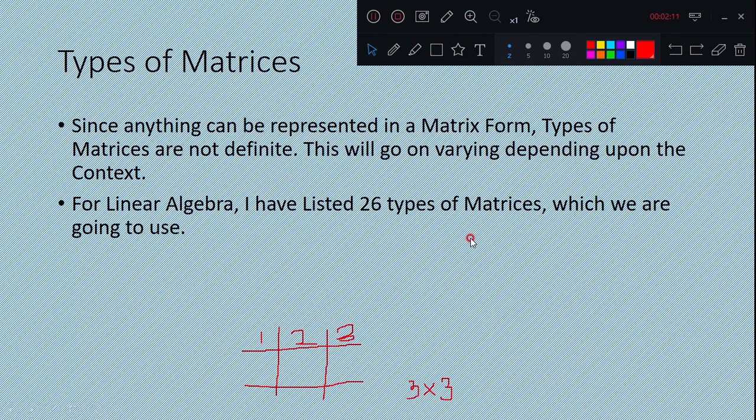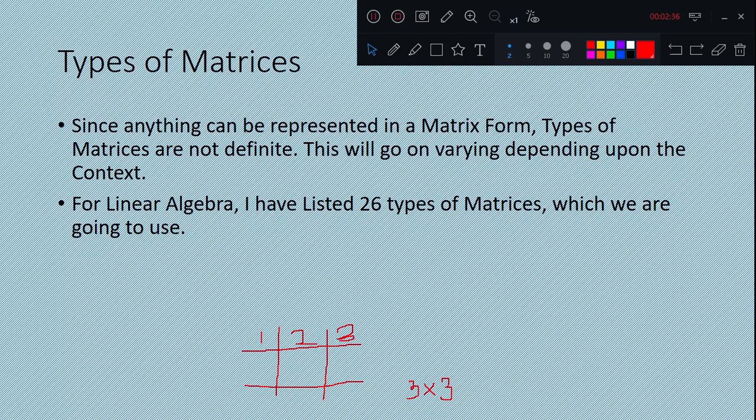Now, types of matrices. Since in a matrix form anything can be represented, the types of matrices are not fixed. They will go on varying depending upon what you are taking into consideration. For example, if I talk about physics, then I have a matrix called the Pauli spin matrix. Fine.